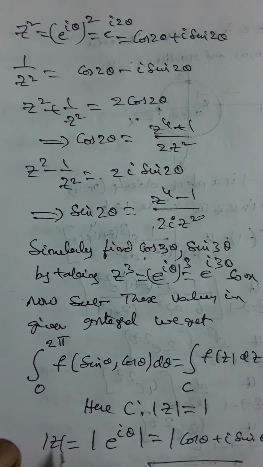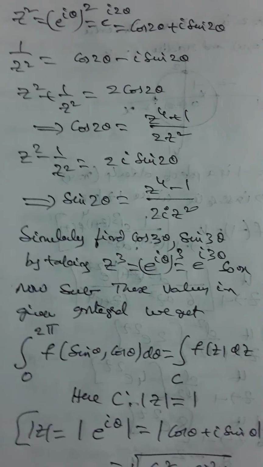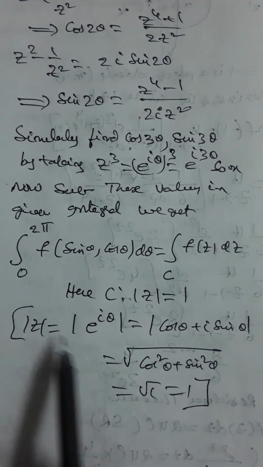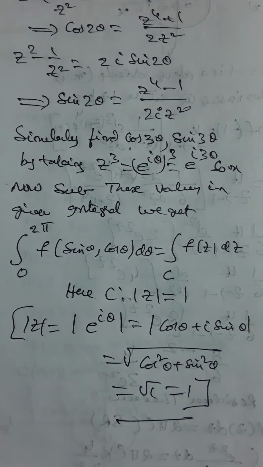This is the way of getting the unit circle. |z| = 1. Next, problems.